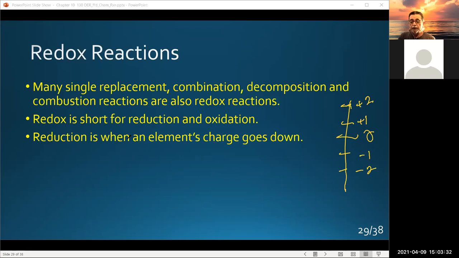So when something loses an electron, let's say you're at 0... let me restate that. When you gain an electron, you undergo reduction. So your oxidation number gets reduced. Say, for example, you're at the zero state right here and you gain an electron, that's called reduction.